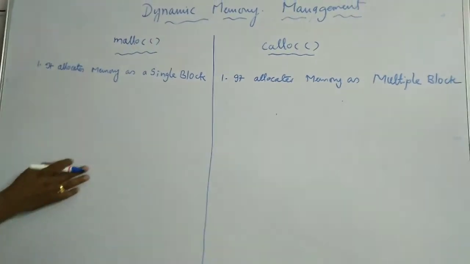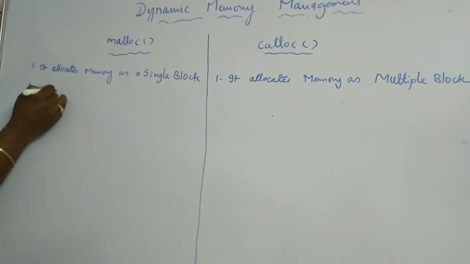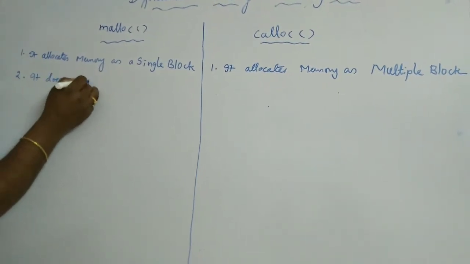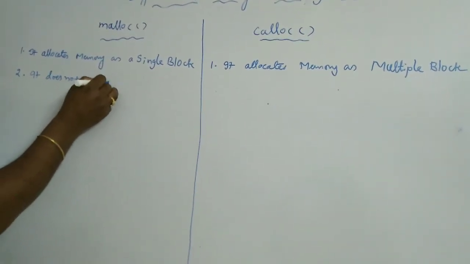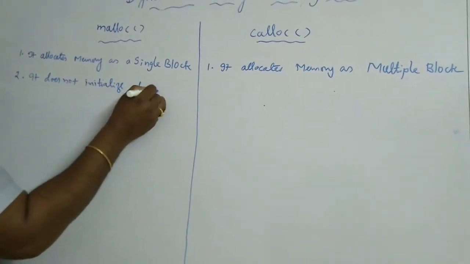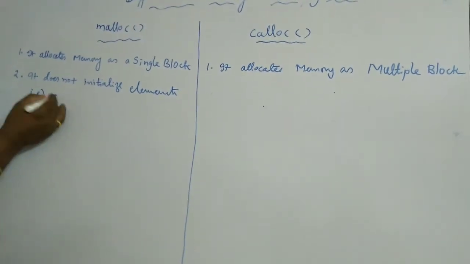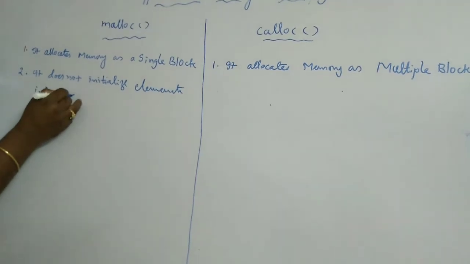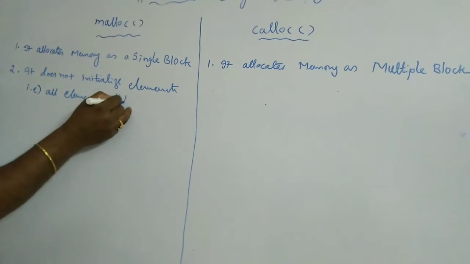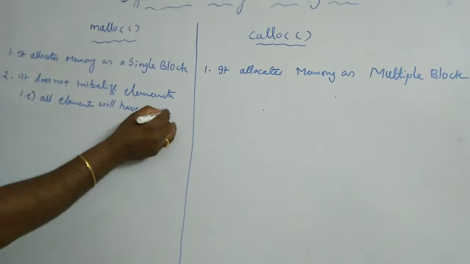Okay, coming to the next key difference, malloc does not initialize elements, that is, all elements will have garbage values.